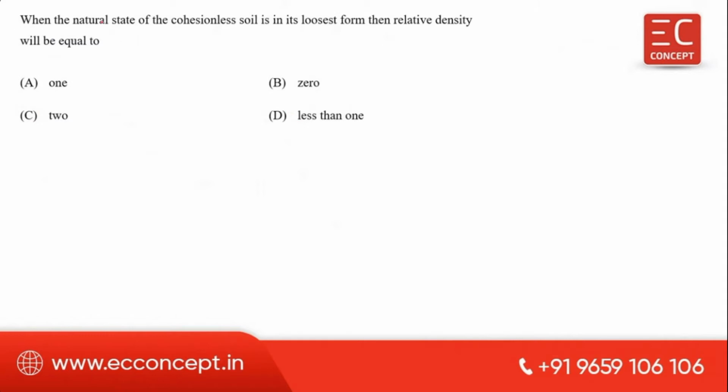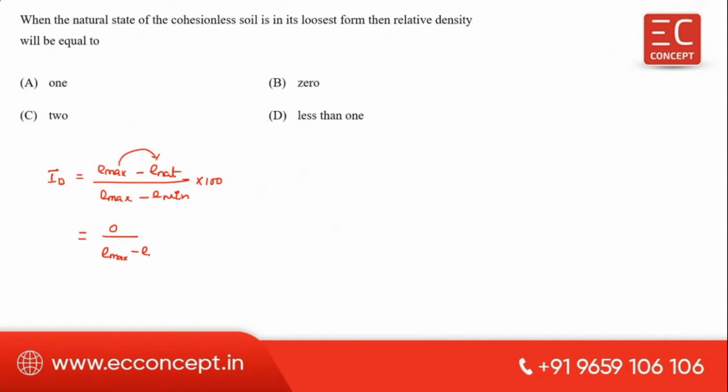Okay. Now, when the natural state of the coarse soil is in its loosest form, then what is the relative density? We know the relative density formula is equal to (e max minus e natural) divided by (e max minus e min), into 100. They said e max and e natural are equal, therefore the numerator becomes 0.